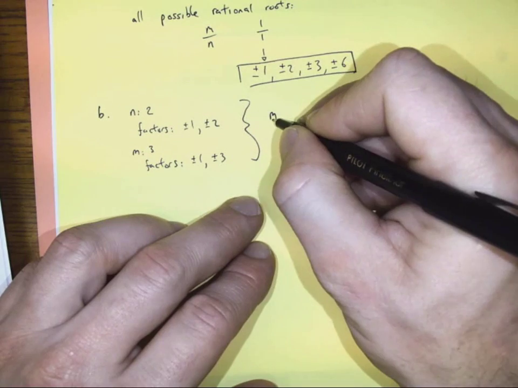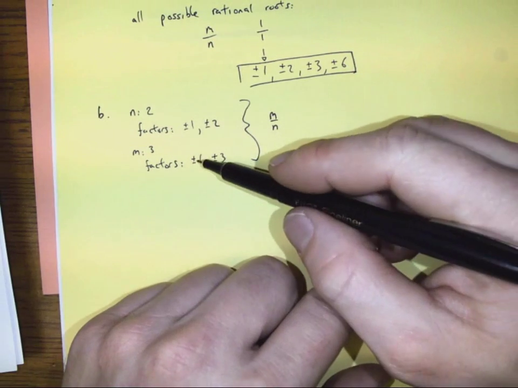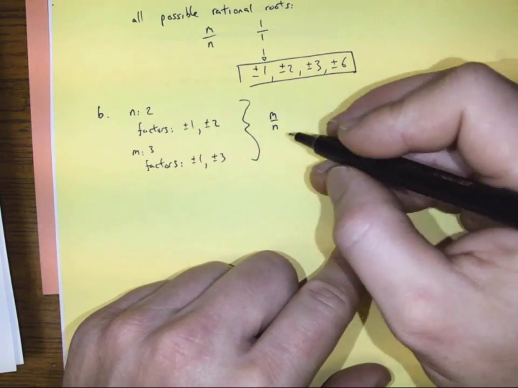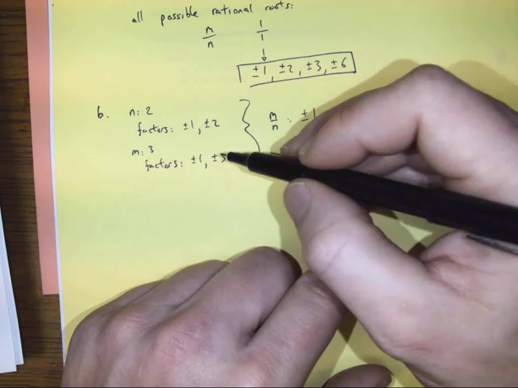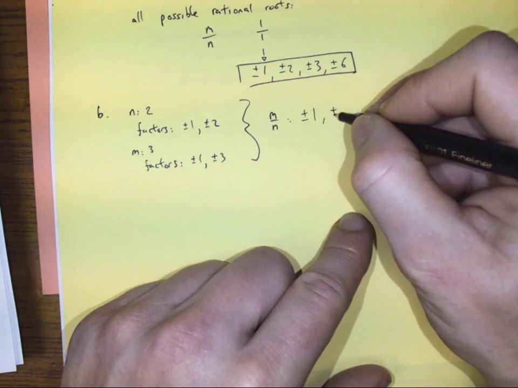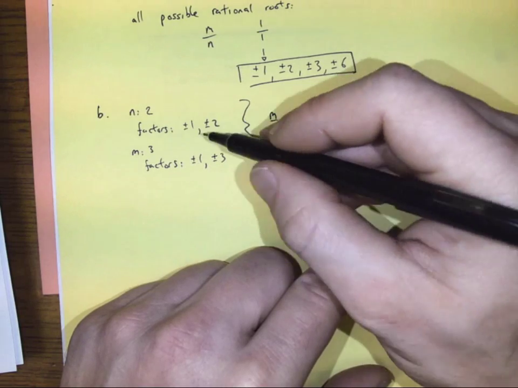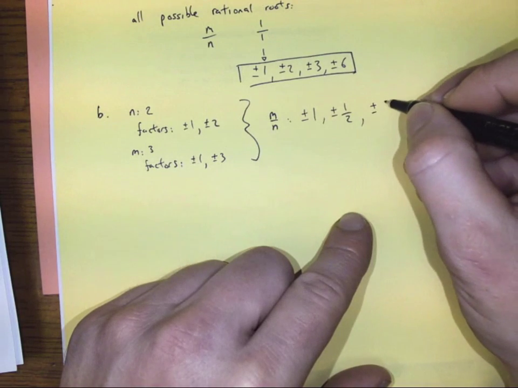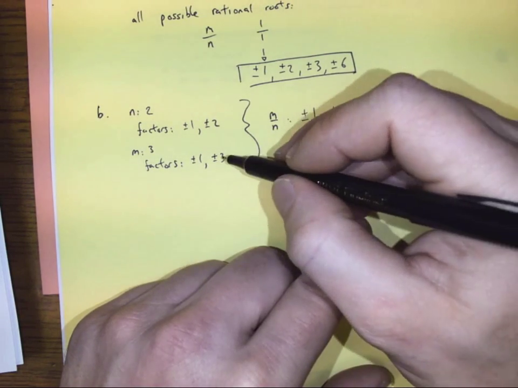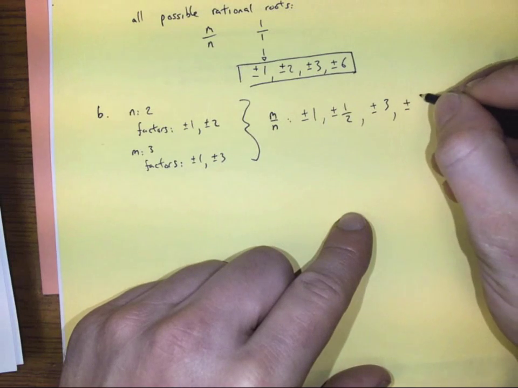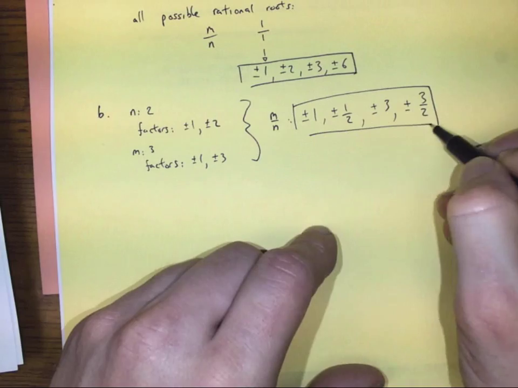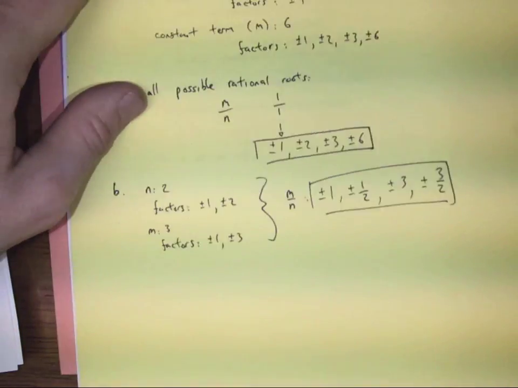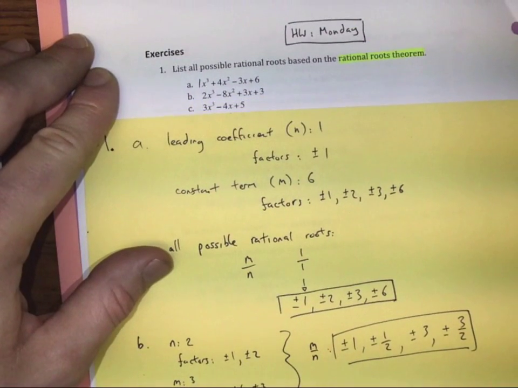So for m over n, we could take any of these and put them over any of those. So 1 over 1, that's 1. 1 over 2, plus or minus 1/2. 3 over 1 is plus or minus 3. 3 over 2, we get plus or minus 3 over 2. As simple as that.